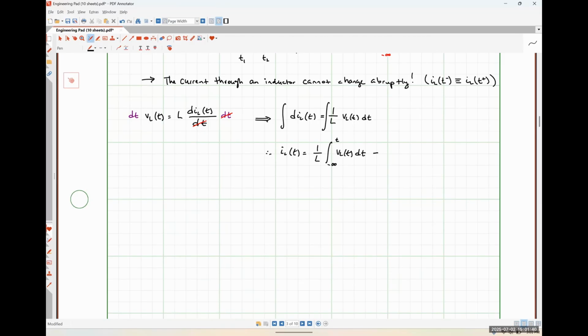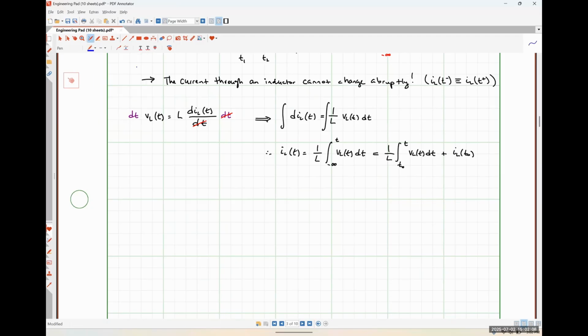So instead, I'm going to rewrite this integral as 1 over L times the integral from t naught to t of VL dt, and then plus, outside the integral, IL at t naught.